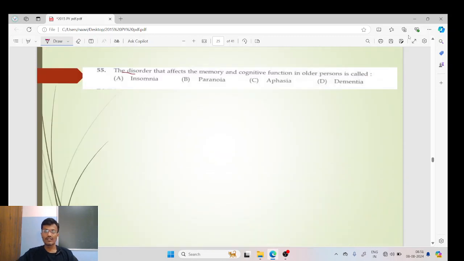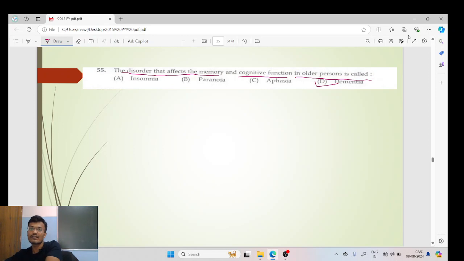The disorder that affects memory and cognitive function in an older person is called dementia.